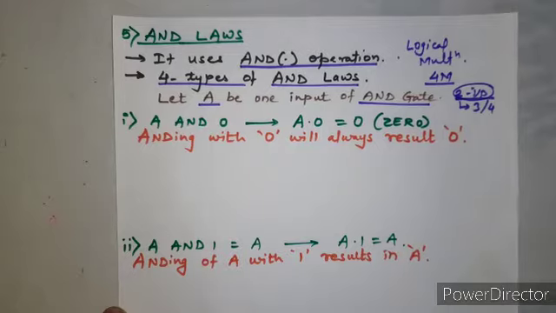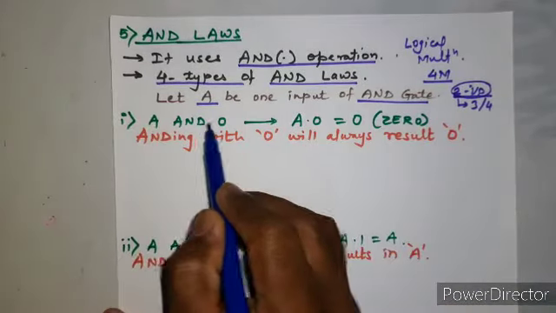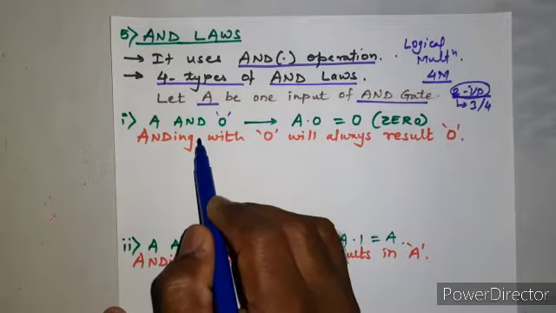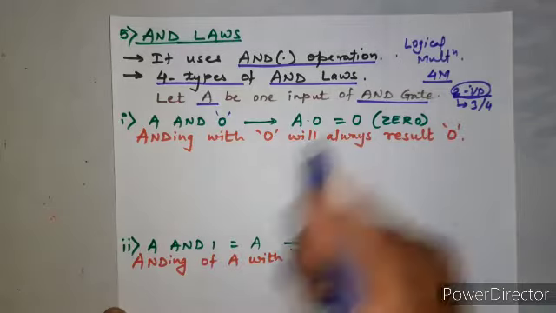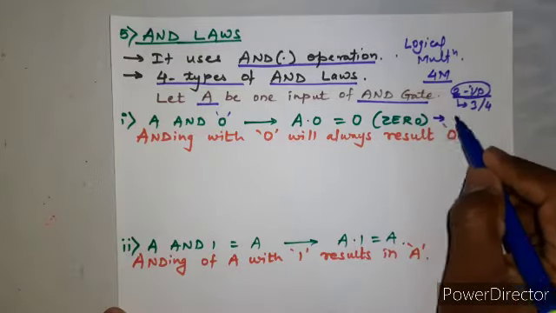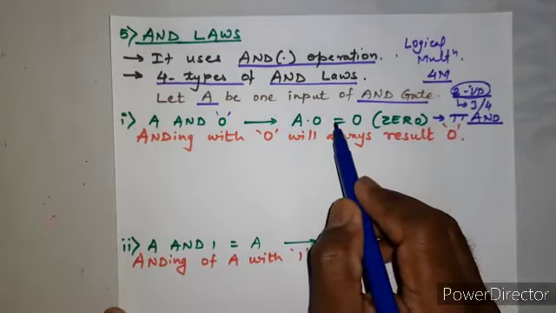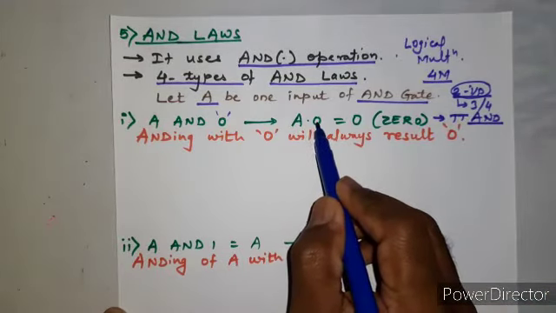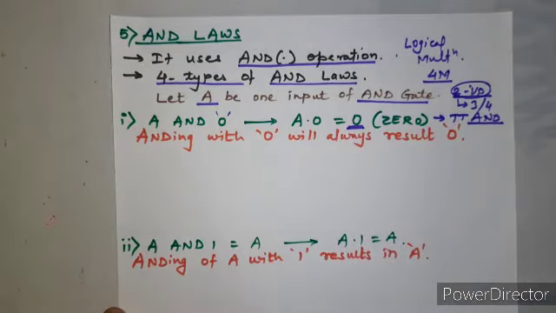So the very first rule for ANDing is A dot 0. This simply takes us to the truth table of the AND gate. What does the truth table of the AND gate say? If any of the input is 0, the output is 0, simply.